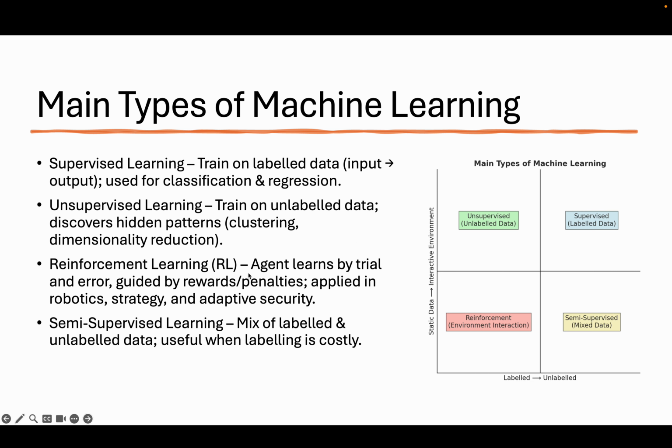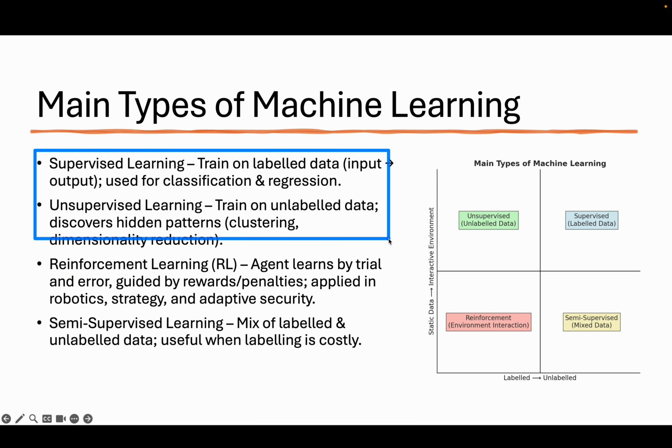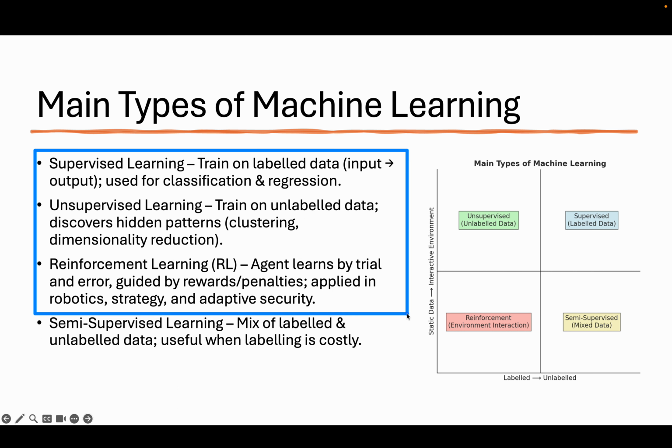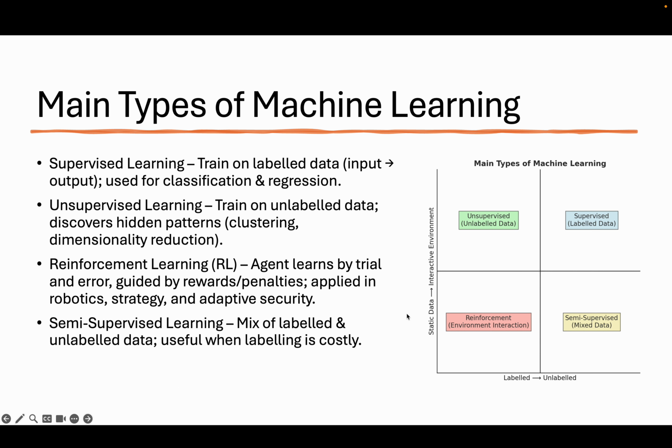The main types of machine learning are supervised learning, unsupervised learning, reinforcement learning, and there is also a merging combination of those models. But the main three types are supervised, unsupervised, and reinforcement learning. The main difference is that supervised learning is trained on labeled data and it's used for classification and regression.